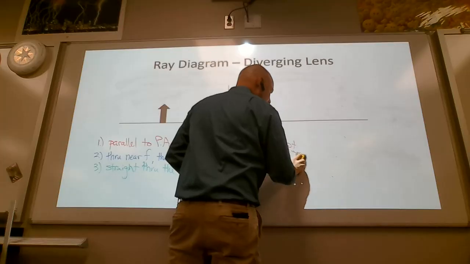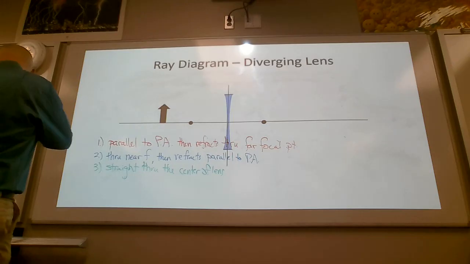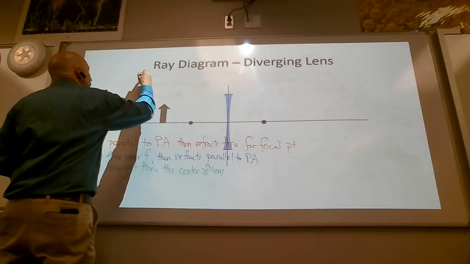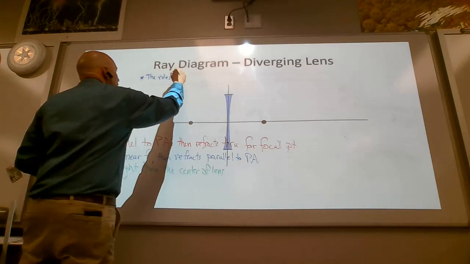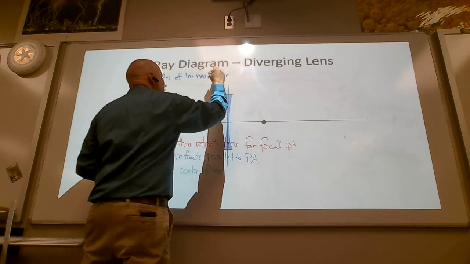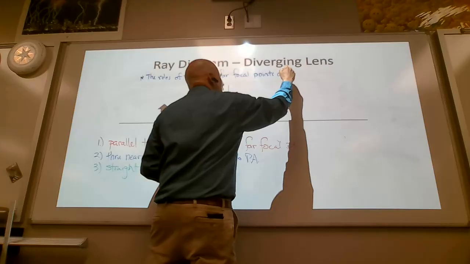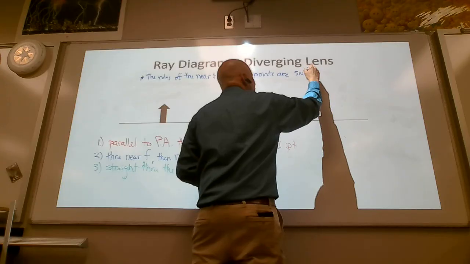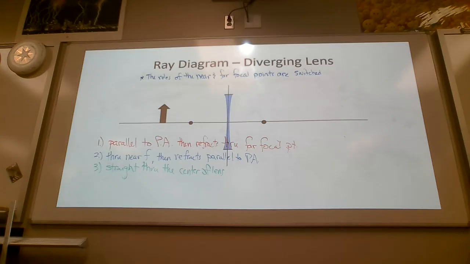Okay. To form a ray diagram of a divergent lens, the roles of the near and far focal points are switched.